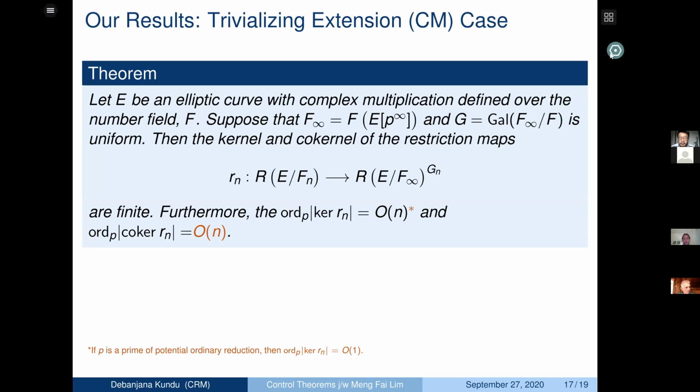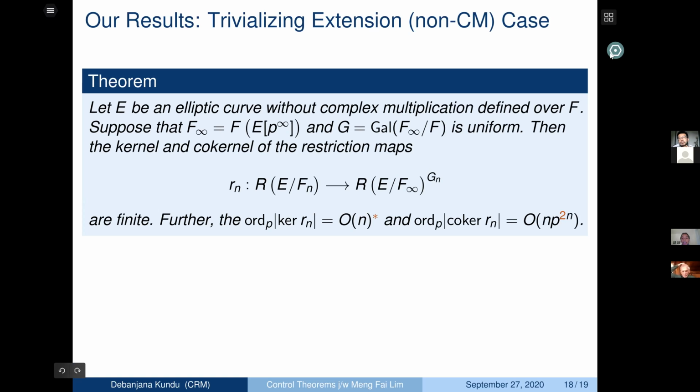And right. And yes, if you further know that p is a prime of potential ordinary reduction, then you can also show that the kernel is finite and bounded. So you can do a little better because you have more information about the structure of the extension.